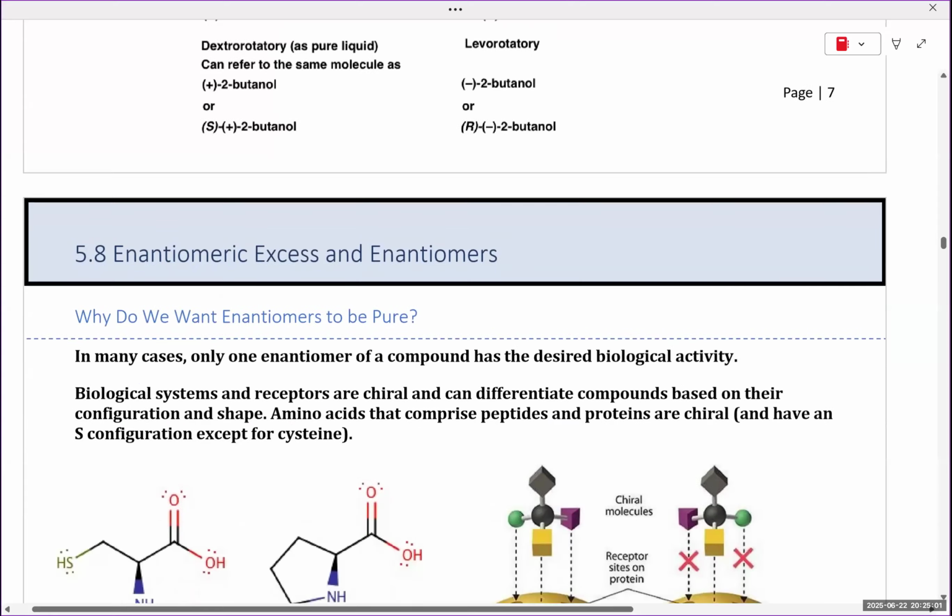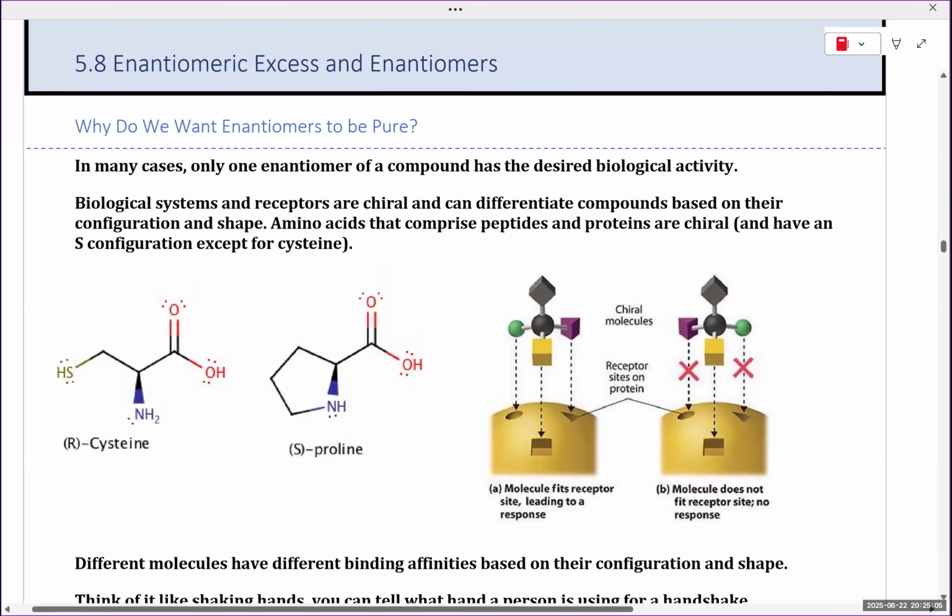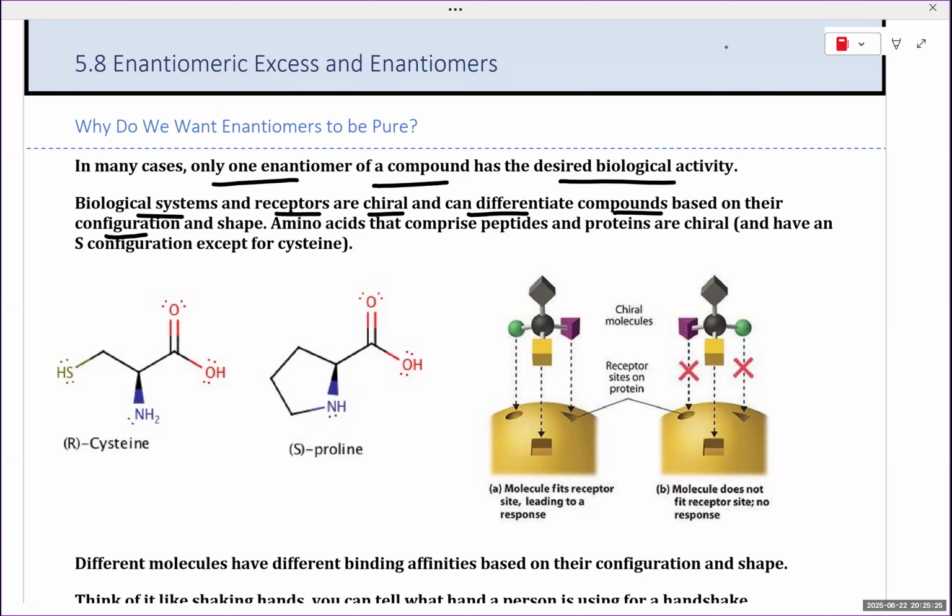Okay, let's talk a little bit now about enantiomeric excess and enantiomers. Let's start with the simple question of why do we want enantiomers to be pure? Well, in many cases, only one enantiomer of a compound has the desired biological activity. Why is this? Well, biological systems and receptors are chiral, and they can differentiate compounds based on their configuration and shape.